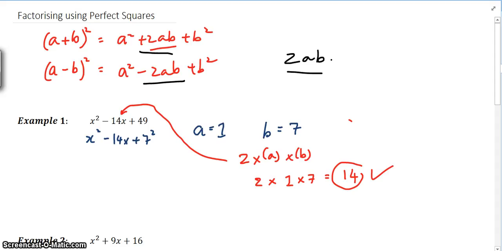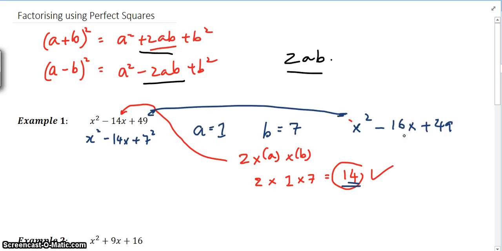Let me give you a counter example of how this would not work. Say the equation was x squared minus 16x plus 49. In this case it would not work, because when we have 2ab, what we get is 14, but here the middle term is 16. So this one is not a perfect square, but the previous one is.